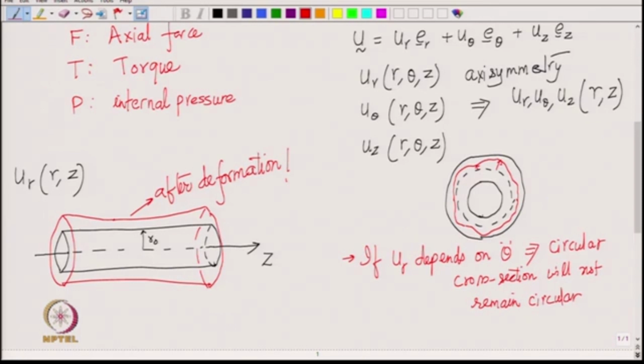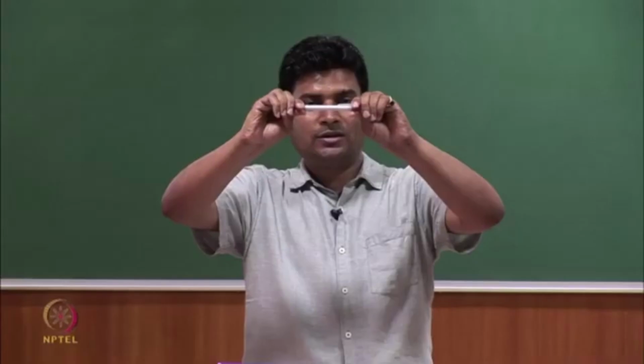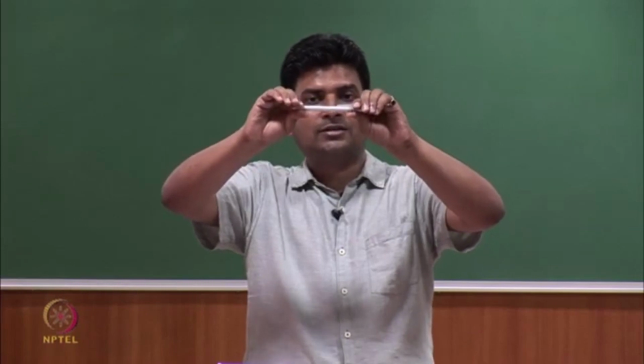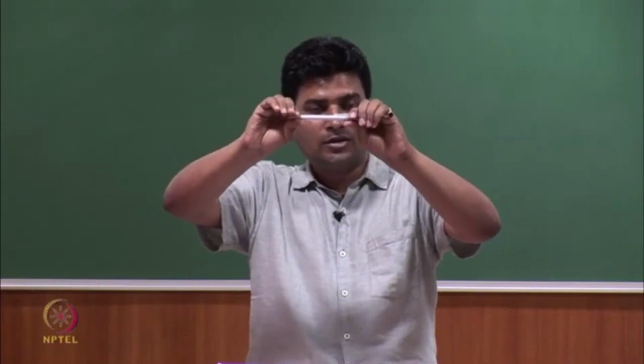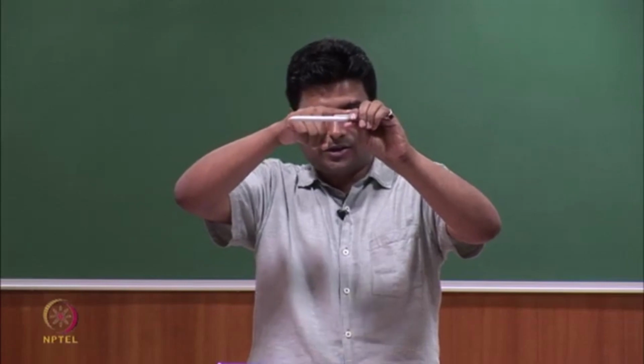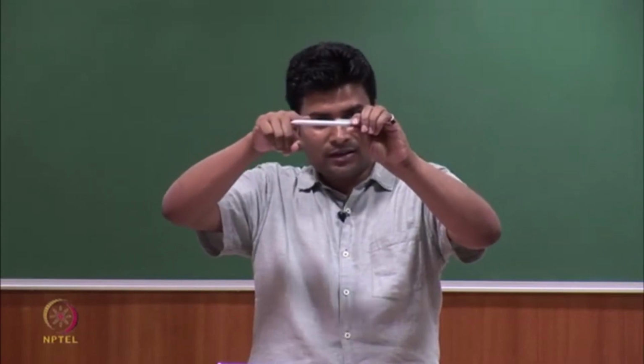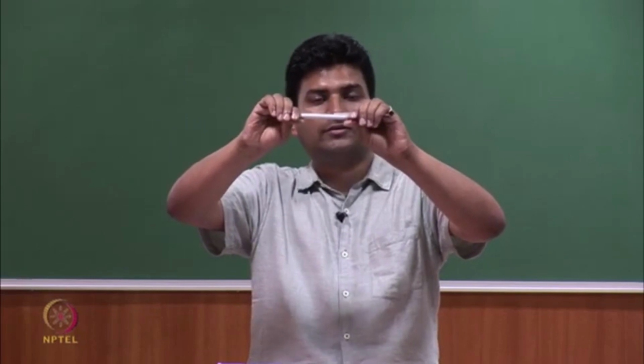This is a bit complicated situation, but this actually happens in reality. So, suppose this is your cylinder and you are actually holding the end cross section rigidly. So, you do not let the end cross section relax, and then if you pull it, you will see that the end cross section, since it is rigid, its radius will not change, but the cross sections within, their radius is going to decrease due to Poisson's effect, right.